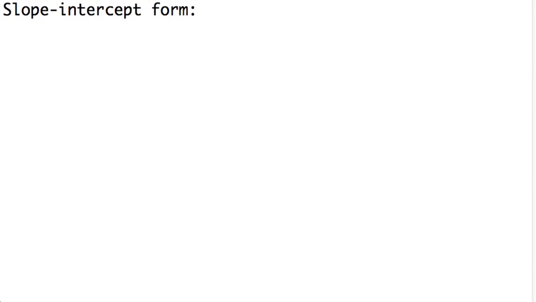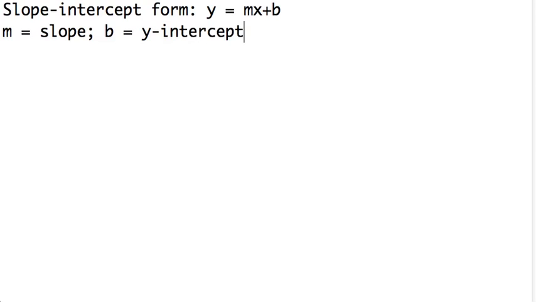And this looks like this: y is equal to mx plus b, and here m is equal to the slope, and b is equal to the y-intercept. I'm just going to take it for granted that this is what it is, but if you'd like to see why this works out, you can check it out in the book. But this is the slope-intercept form.